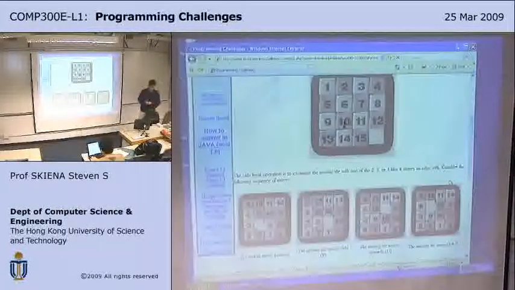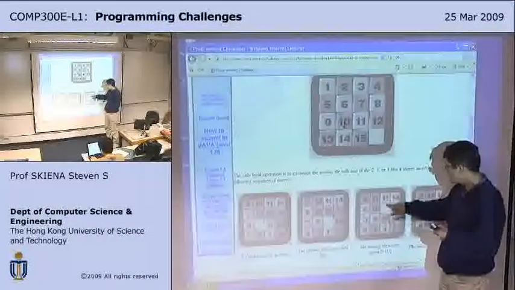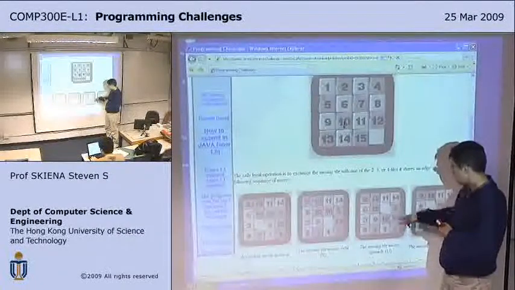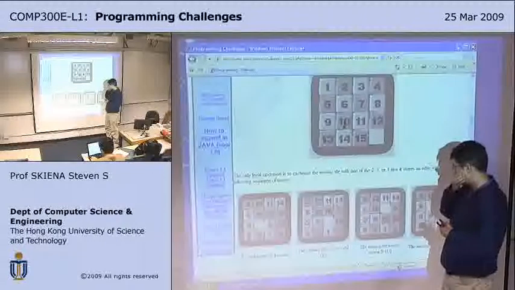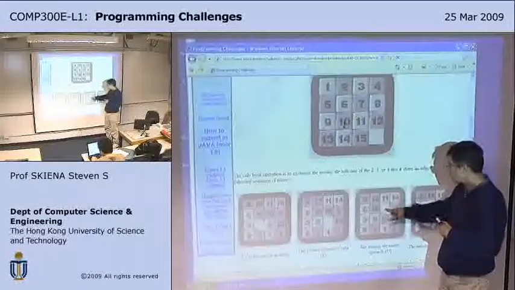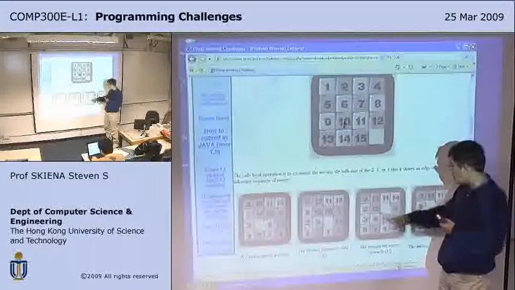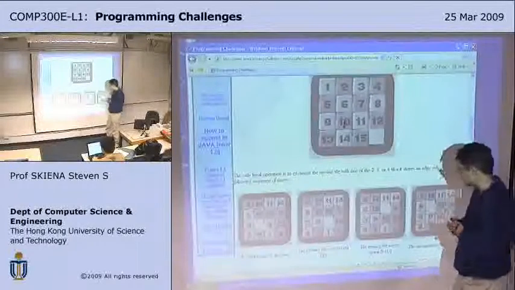Okay, so basically our goal is, we can slide a tile, or basically we can slide the hole. People talk about moving the hole instead of moving a tile. We can think about the hole as moving up, down, left, right.